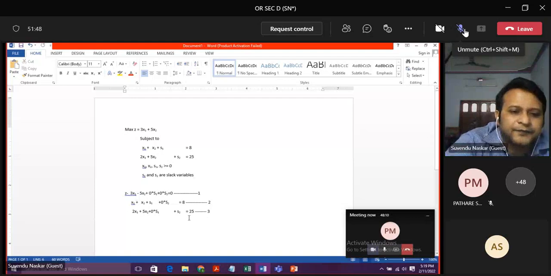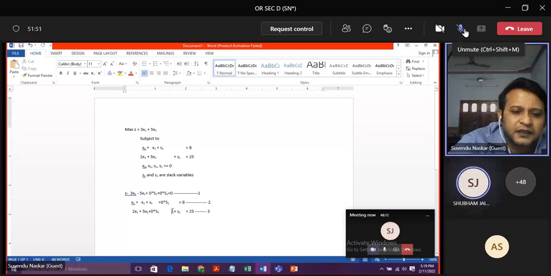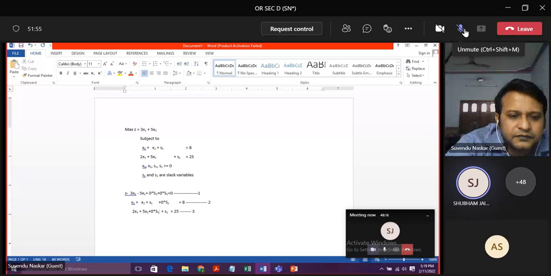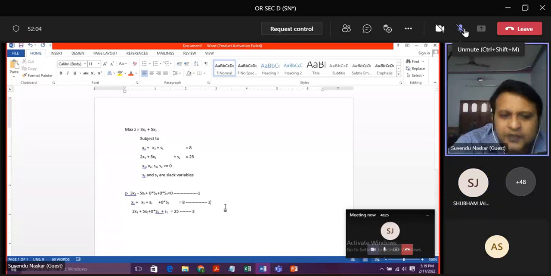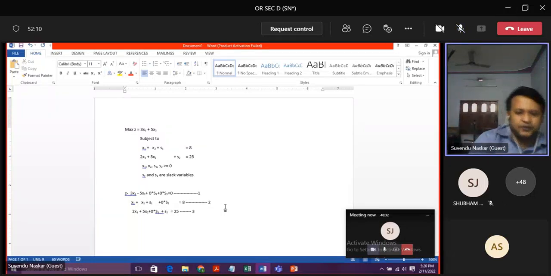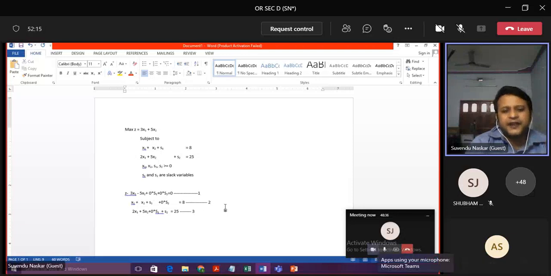Sir, I have a doubt. Shouldn't S1 and S2 also have a constraint that S1 should not be greater than 8 and S2 should not be greater than 25? Yes, that's a non-negativity constraint. What you are saying is logically true, but for simplex you don't have to bother about it. If it is violating, then we'll have to see that my slack is not beyond 8.